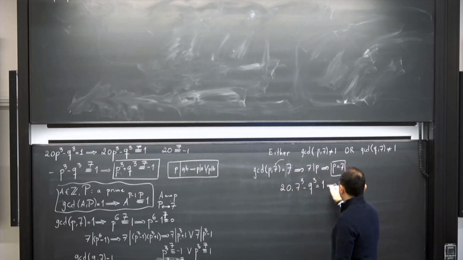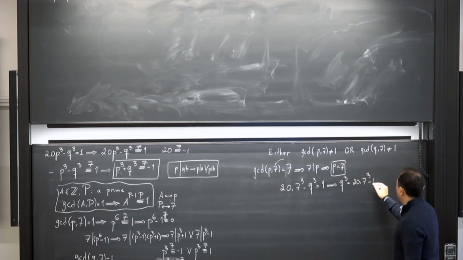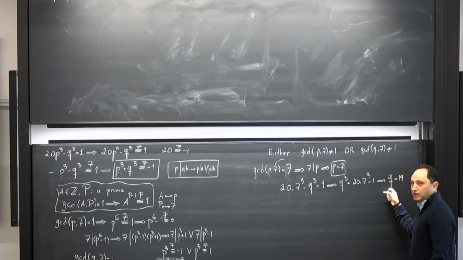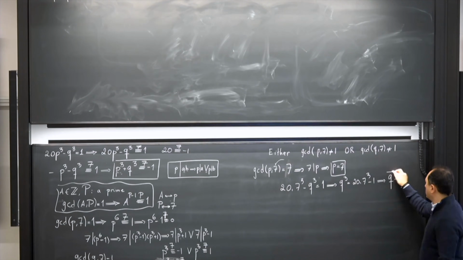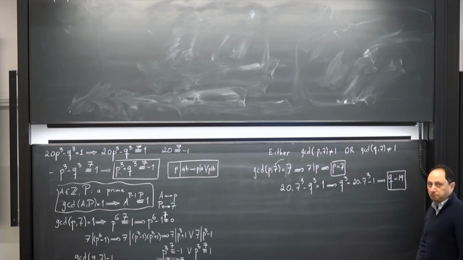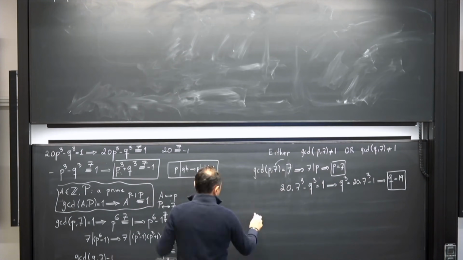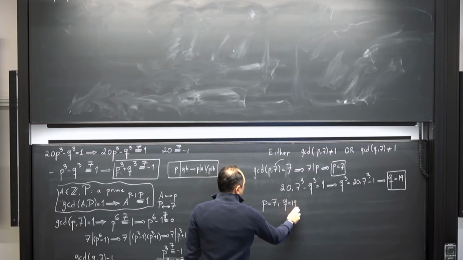And then q to the power of 3 becomes 20 times 7 to power 3 minus 1. And then if you calculate this, I use my calculator, take the third root, and it becomes 19. And fortunately, 19 is acceptable because q is supposed to be a prime number, and we know that 19 is a prime number. So this means that one possible solution is p equals 7 and q equals 19.